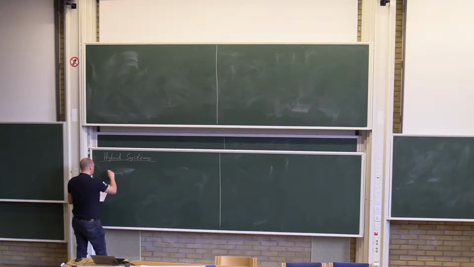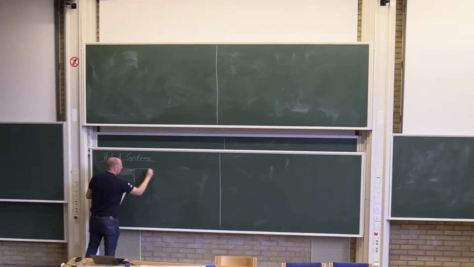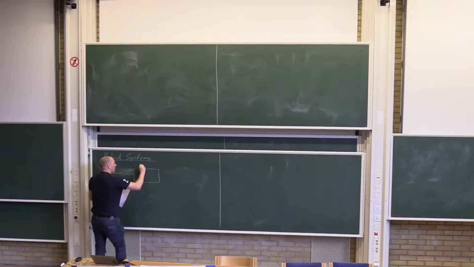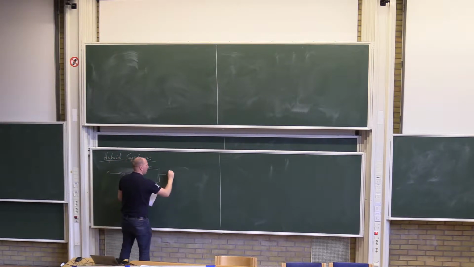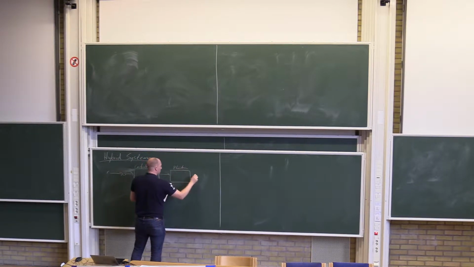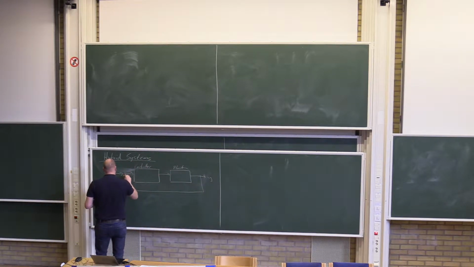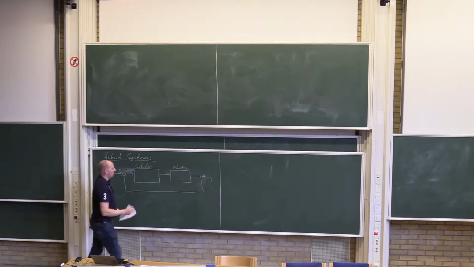Since we are talking about closed loop systems, we have a controller deciding on control signals for a plant, and we get some outputs. And then we have some feedback loop like that. So this is a very high level perspective, right?